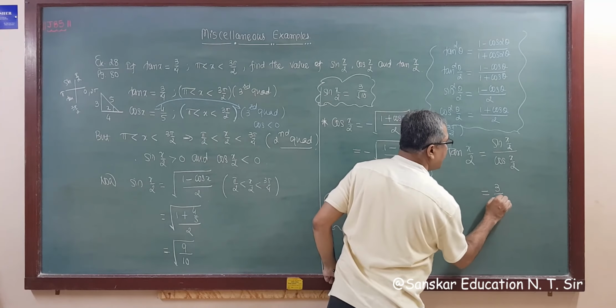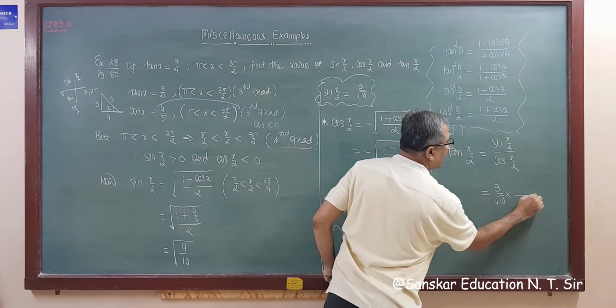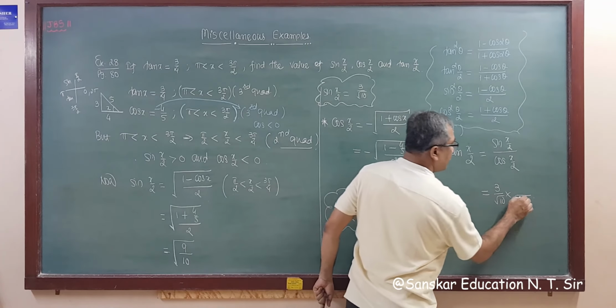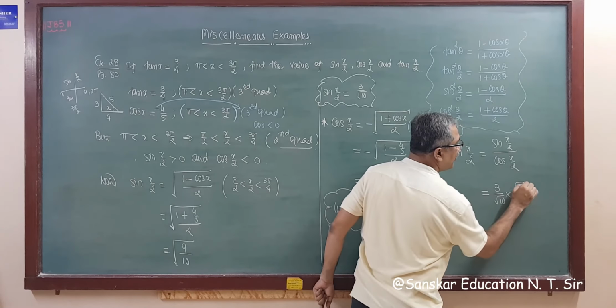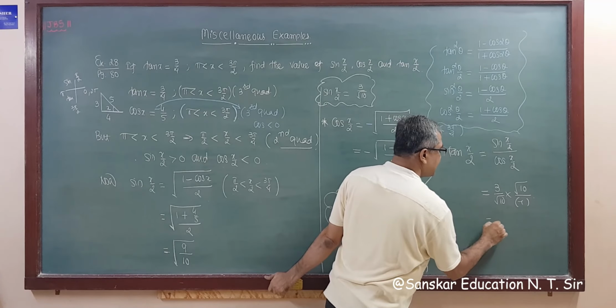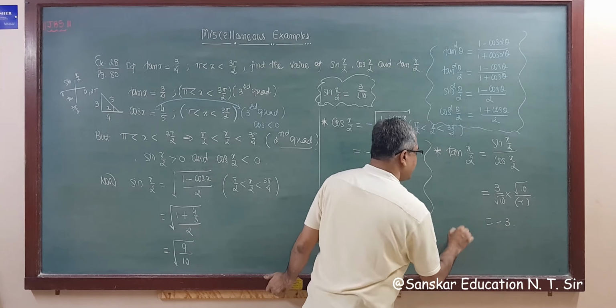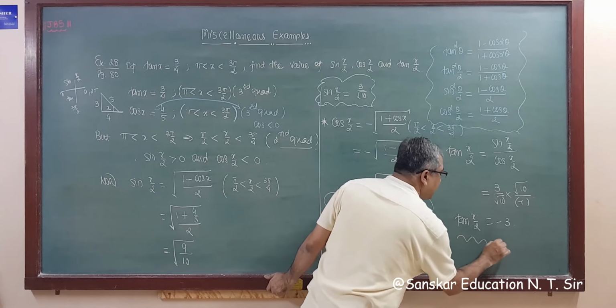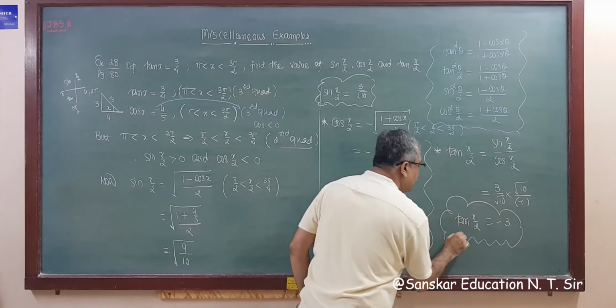So this is 3 by root 10 into cos x by 2 is minus, this is minus 1 upon root 10. Denominator goes to numerator, that you know, so no need to explain. So the answer is minus 3. So the value of tan x by 2 is minus root 3.